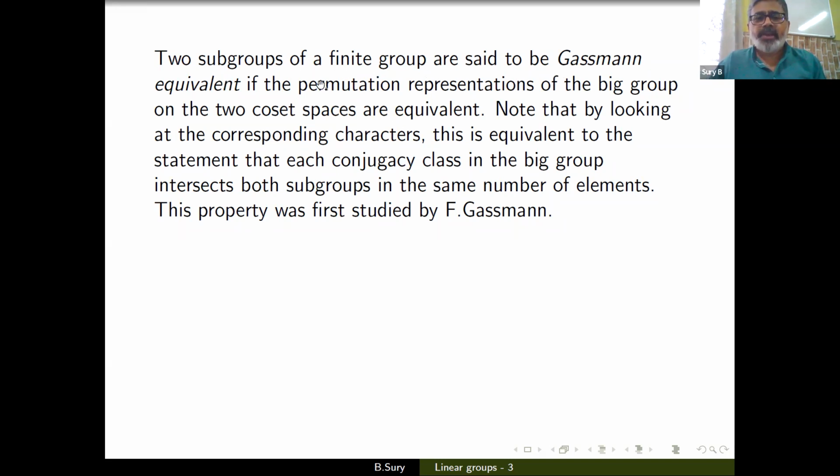So subgroups of a finite group are said to be Gassman equivalent if the corresponding representations on the coset spaces are equivalent. In fact, you can unwind it and say what it means in terms of characters. As a very concrete statement, each conjugacy class in the full group G intersects both these subgroups in the same number of elements, because characters count such things.